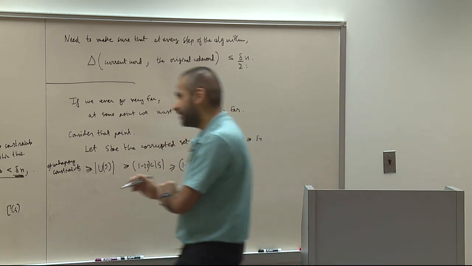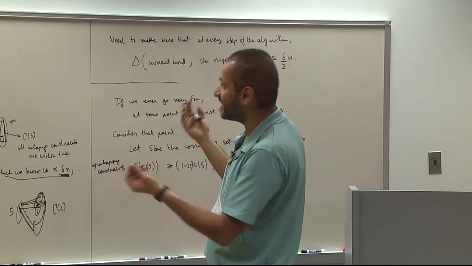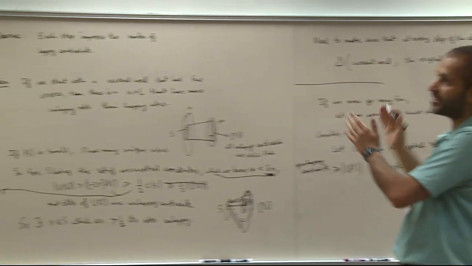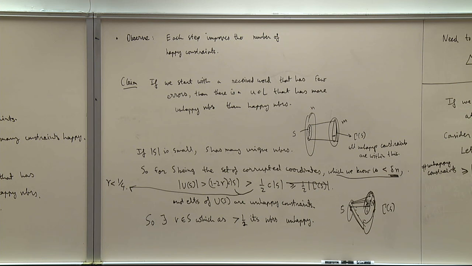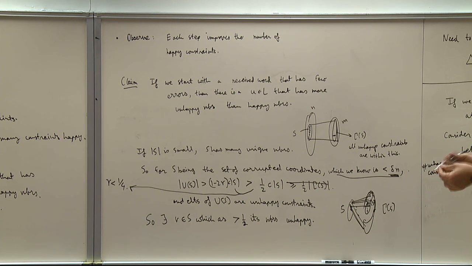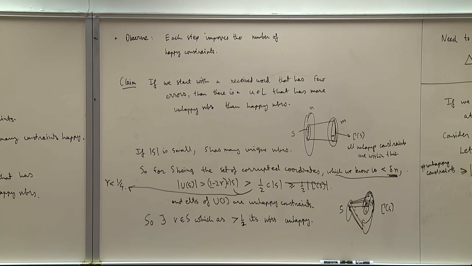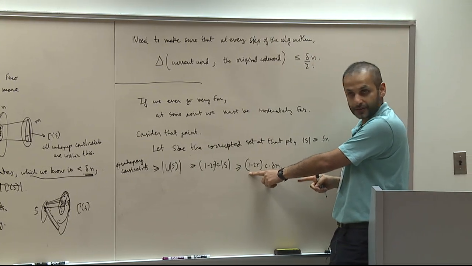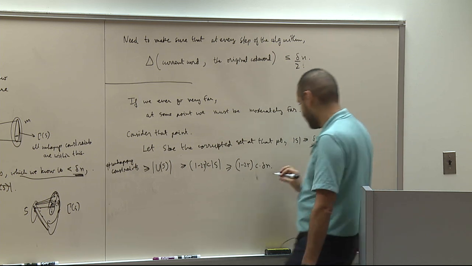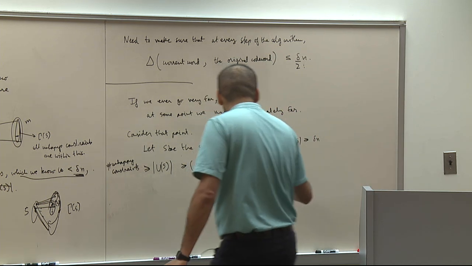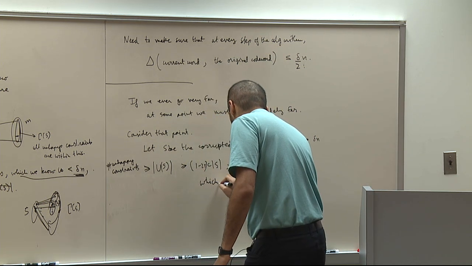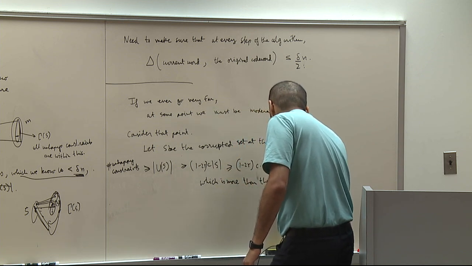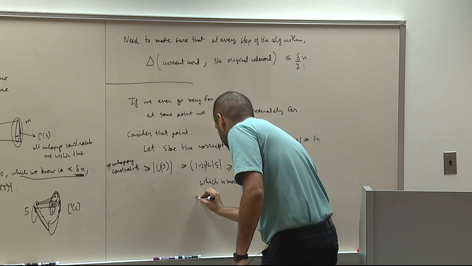Okay, so now I didn't give you a proper theorem statement. My proper theorem statement would have been: suppose you start with a received word which is this distance from a true code word, then at the end you end up with a true code word. This distance I'm going to set in order to make sure that the number of unhappy constraints is less than this, so that we will never violate this, which is more than the number of initial unhappy constraints.